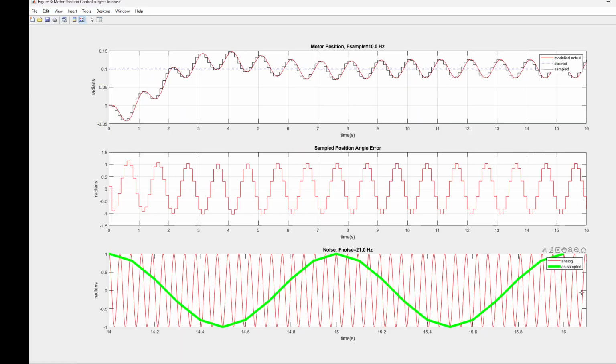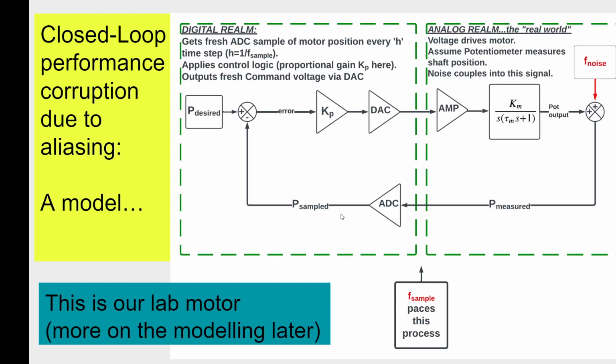And if we look here, we've ended up with this 1 hertz component. If you look at the time scale down here, that's 1 second, 14.5 to 15.5. So we've got a 1 hertz component down here, and that green is P sampled.